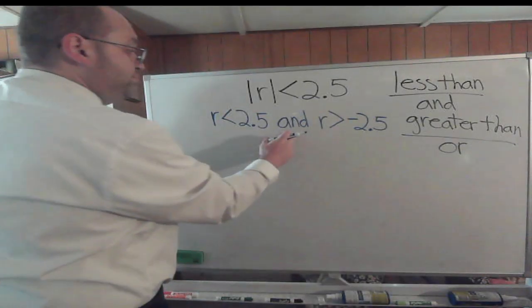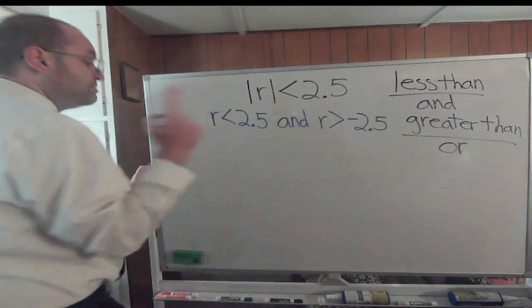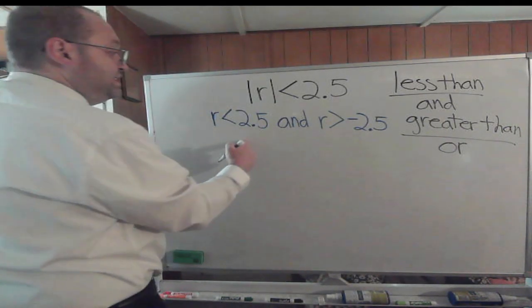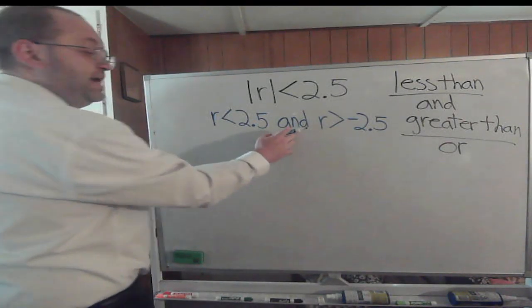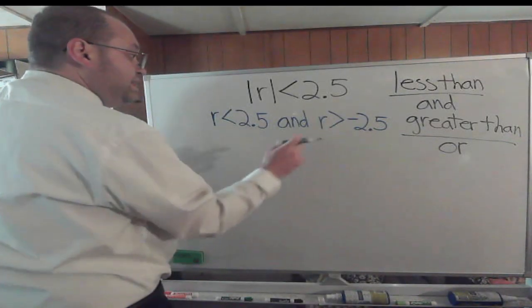Well, we can actually put this into a combined inequality. You can leave your answer like this, but if your teacher wants a combined inequality, because that's what you'll get when you have ands. If you have an or, you won't, but whenever you have an and, you're going to get a combined inequality. R is greater than -2.5.